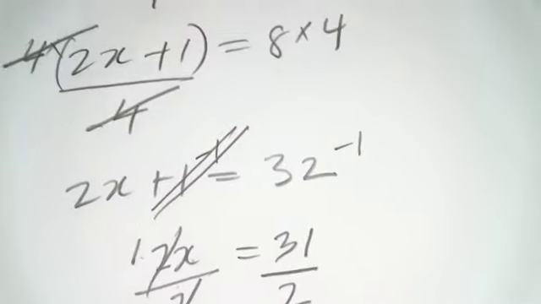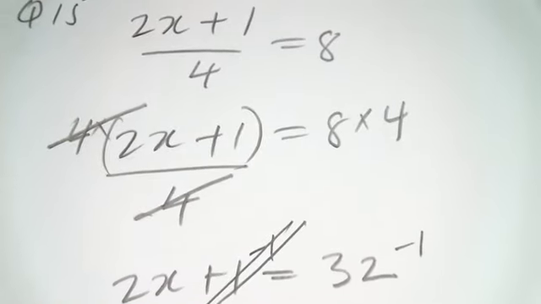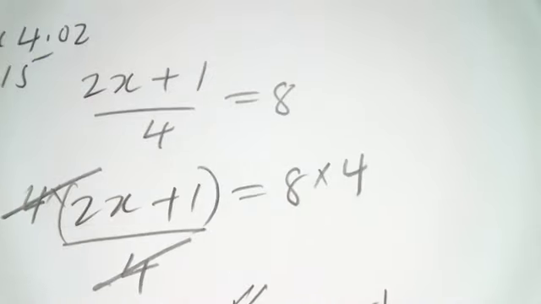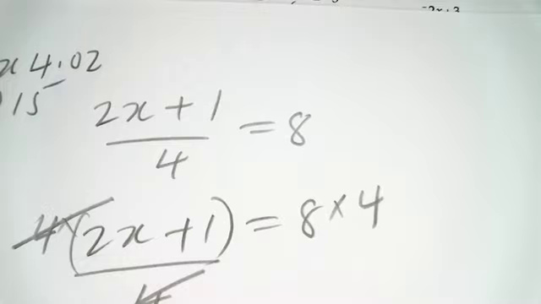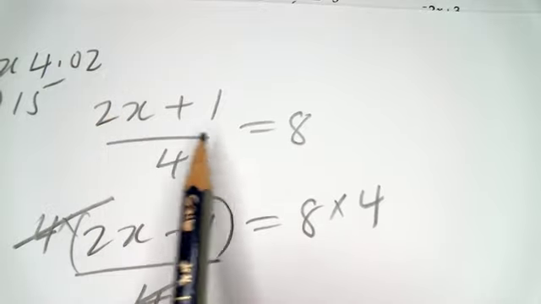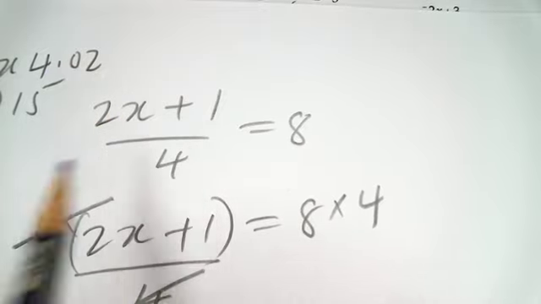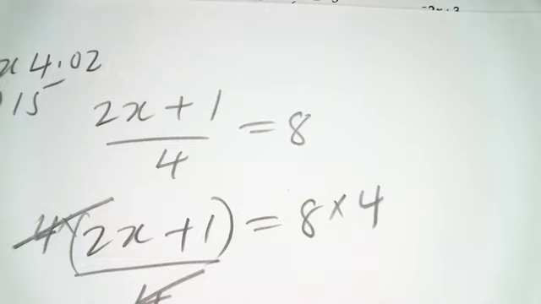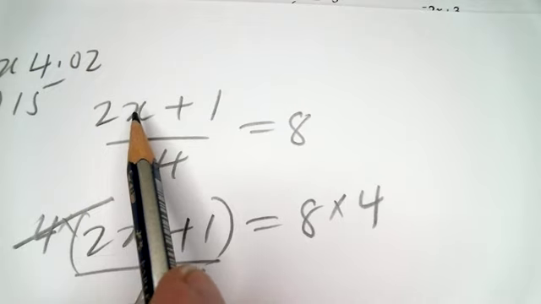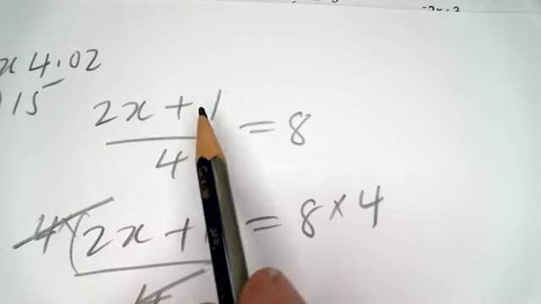Now, there was another way you could have tackled this. It doesn't get you to the answer in the same direct way, but it does simplify it slightly. We could have divided the whole of this thing by 2, but it doesn't get me to the answer in the same nice way, because dividing this by 2 would leave me with an x, but we'd end up with a half here.